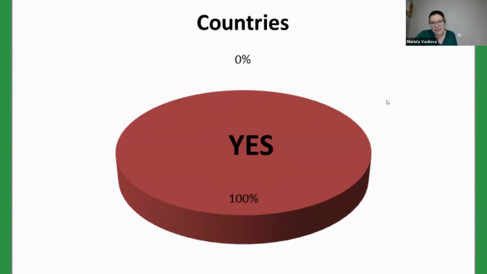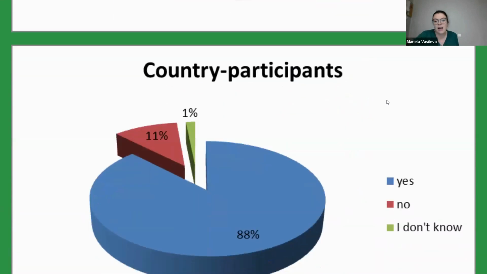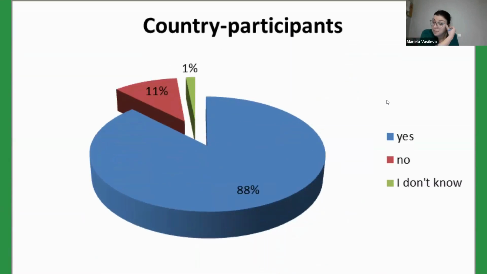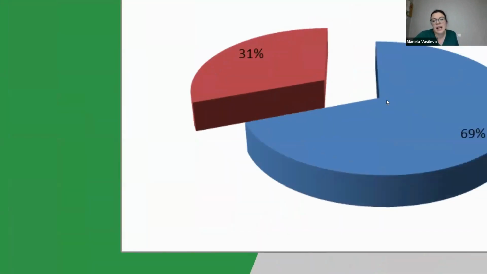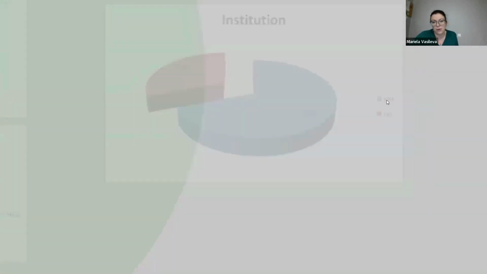Well, I doubt this 100% a little bit, and I wonder if people truly understand what a clinical trial unit is and how dedicated this unit actually is to developing clinical trials, but this is the outcome. If we go participant by participant, then only 88% say that they know such a clinical trial unit exists in their countries. And if there is a clinical trial unit in their institution, yes, in almost 70% of responses.